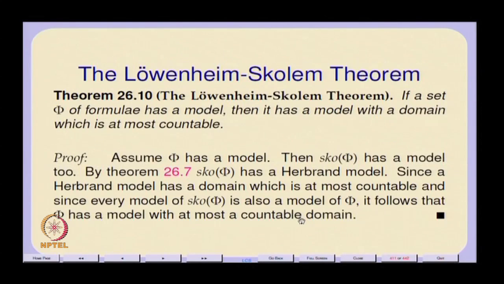There are extensions of the Löwenheim-Skolem theorem actually to uncountable signatures and finding uncountable models and so on and so forth, but I think they are not of a practical significance really. Our main concern when we look at uncountability is really in things like the reals and complex numbers. So, what happens in the first order theory of reals, what happens in the first order theory of complex numbers?